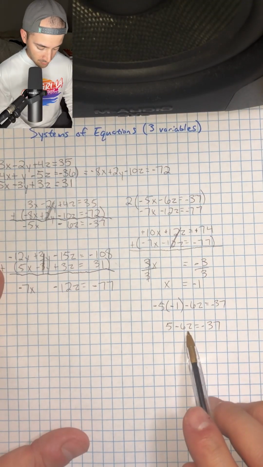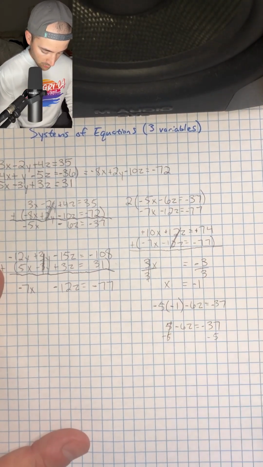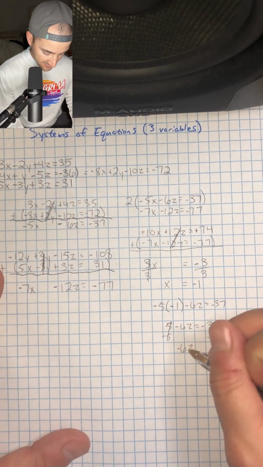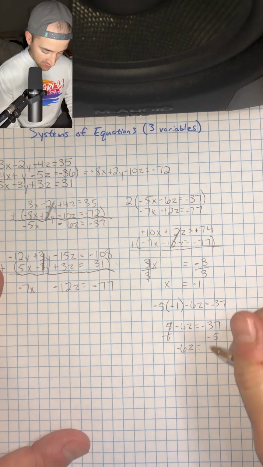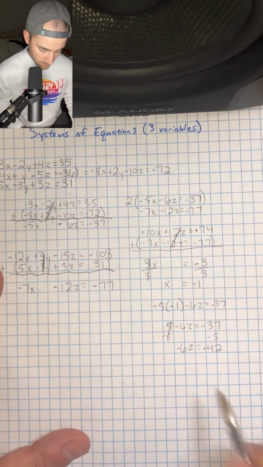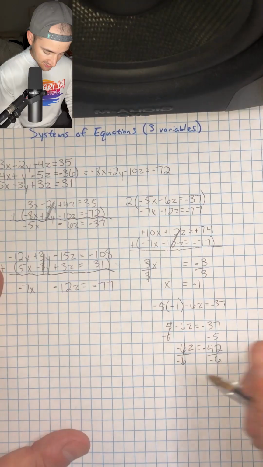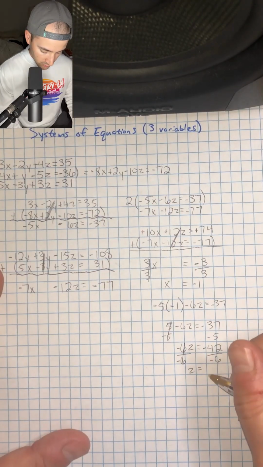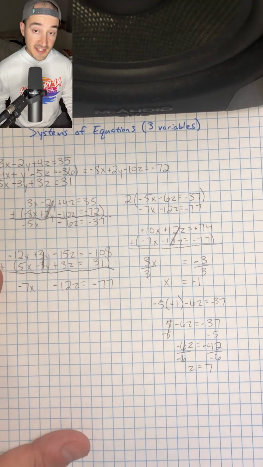We want to get the variable by itself, so we subtract 5 from both sides to get negative 6z is equal to negative 37 minus 5, which is negative 42. Now we can divide by negative 6 on both sides to get z is equal to positive 7. And so now we've solved for the second variable.